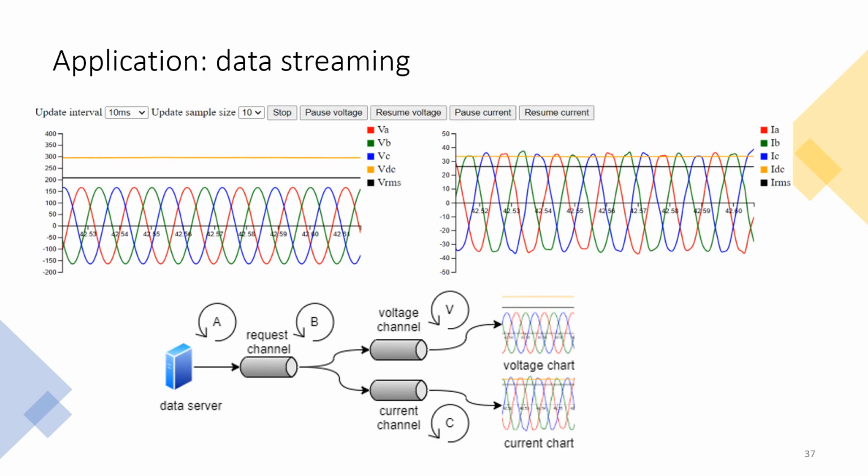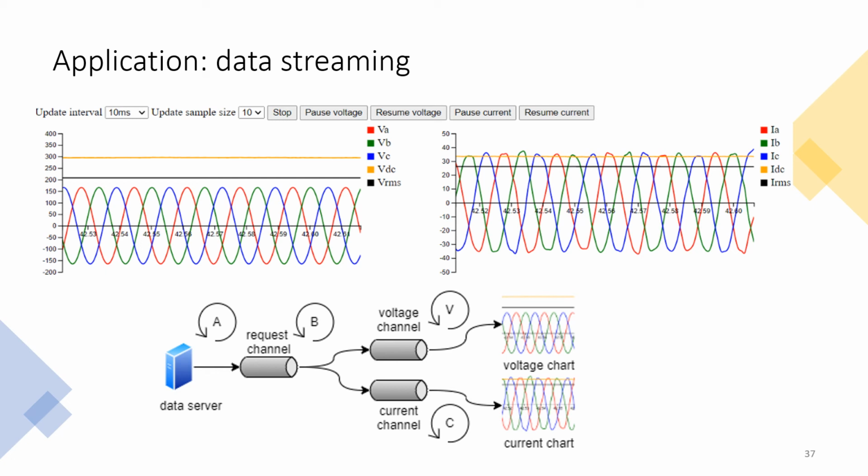We have evaluated the usability of our design using a data streaming application that visualizes voltage and current signals into real-time charts. This application uses 4 threads and 3 channels, which are bounded buffers implemented with envars.